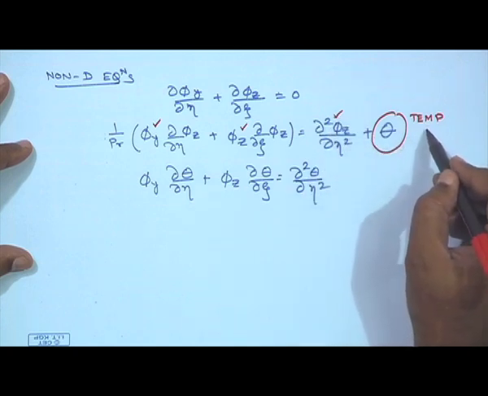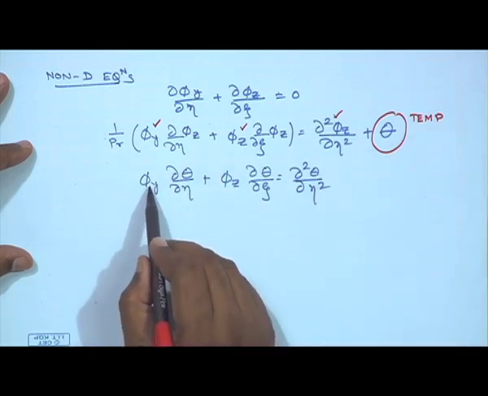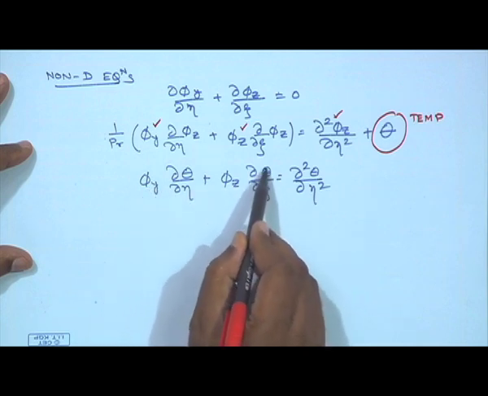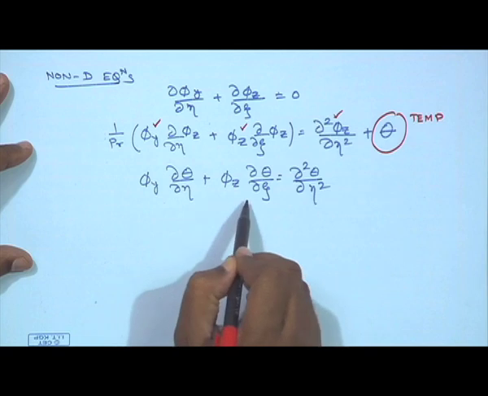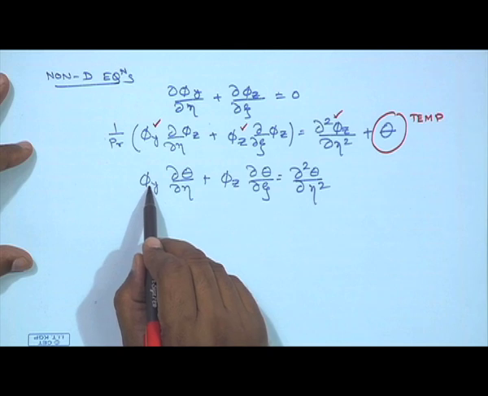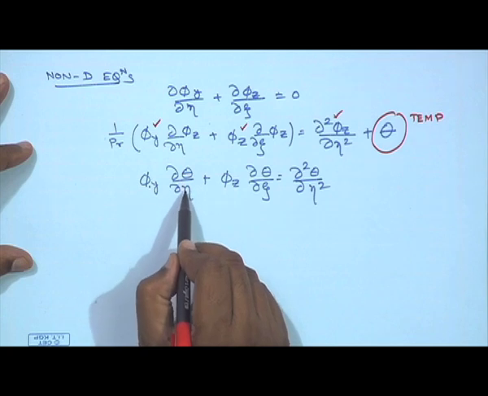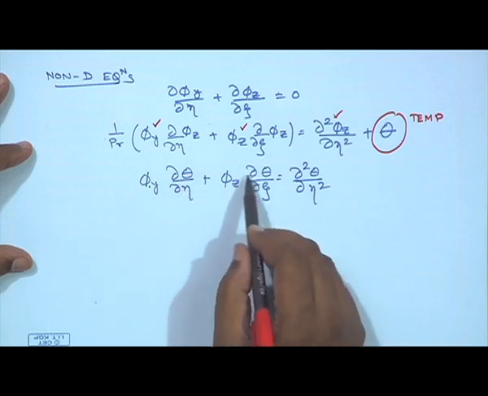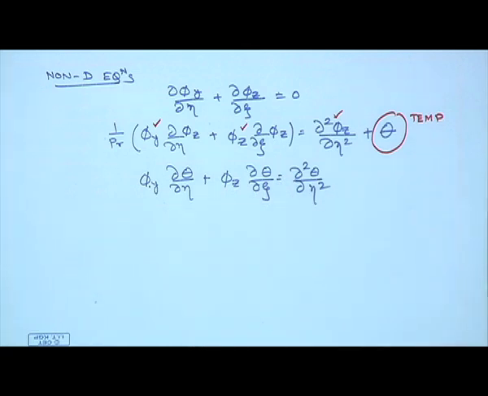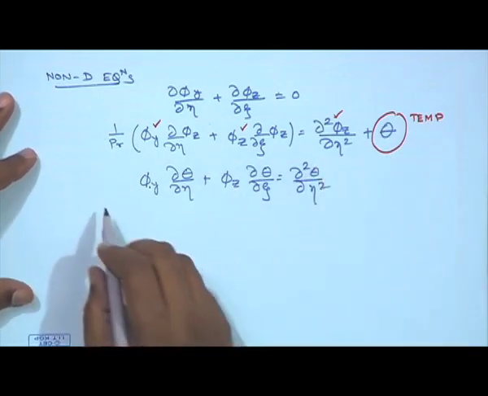This is the buoyant body force present in the system. This one is the convective transport of energy. Phi y and phi z refer to the velocities in the y and z direction. This is the temperature change with respect to eta and with respect to zeta, and here then this is the conductive term.